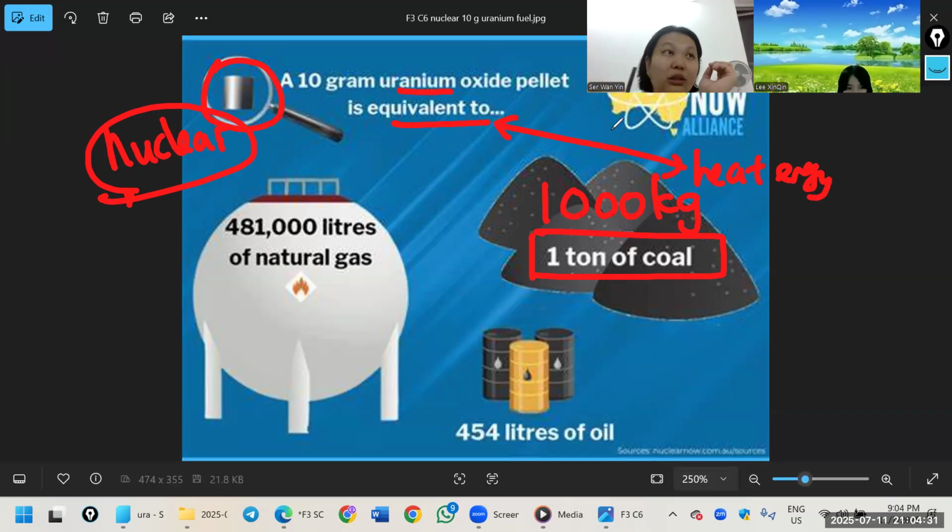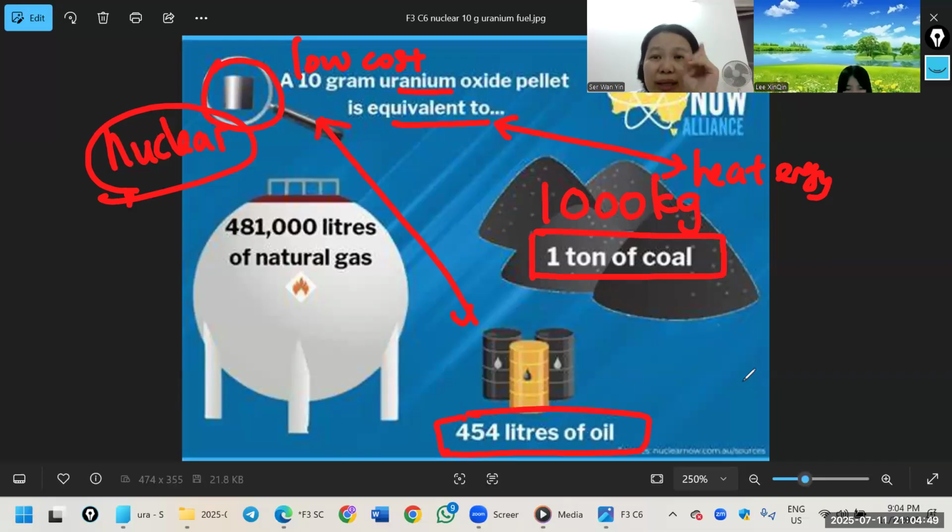So compared, the cost is very low. Or 454 liters of oil.